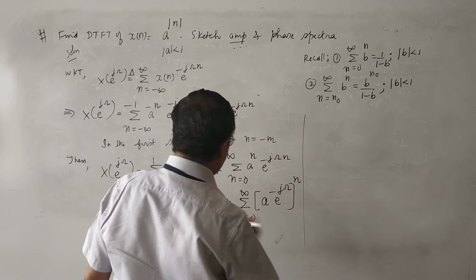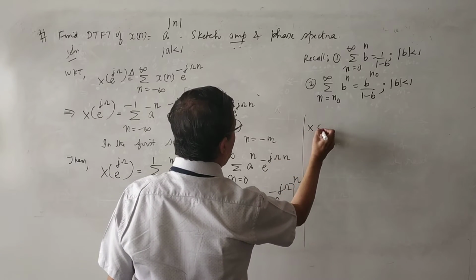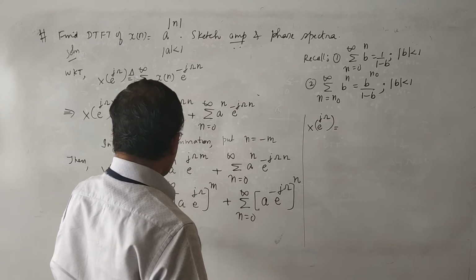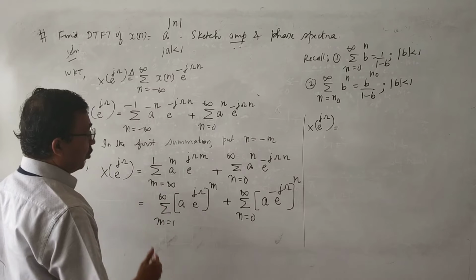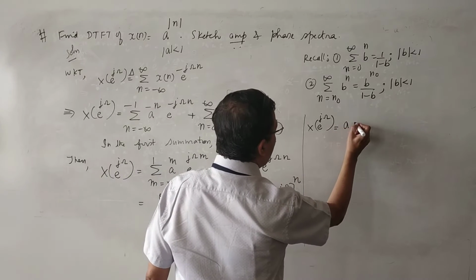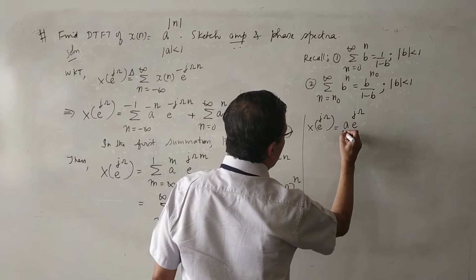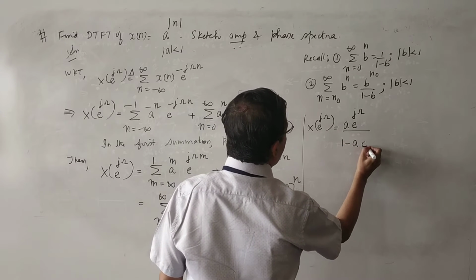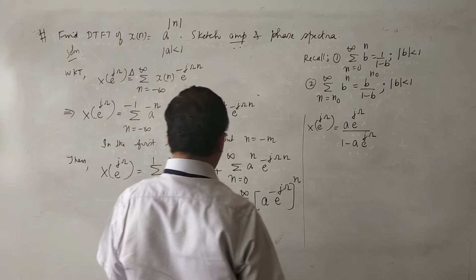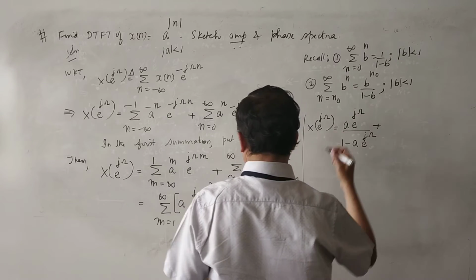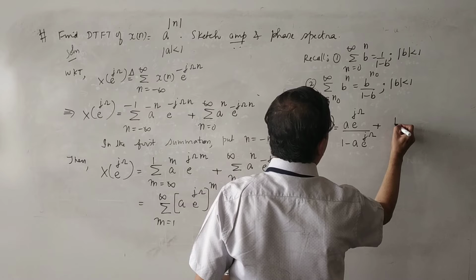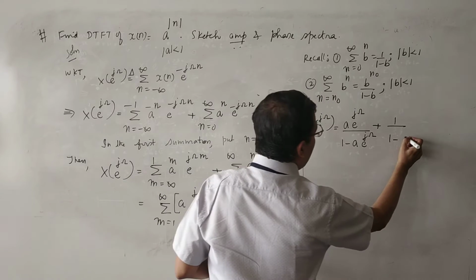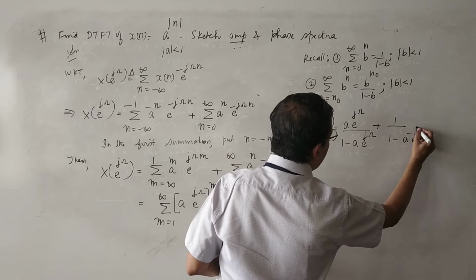That gives us now x of e power j omega equals, what is b? This is b. So you get a into e to the power j omega divided by 1 minus a into e to the power j omega, plus 1 over 1 minus, this is b now, a into e to the power minus j omega.